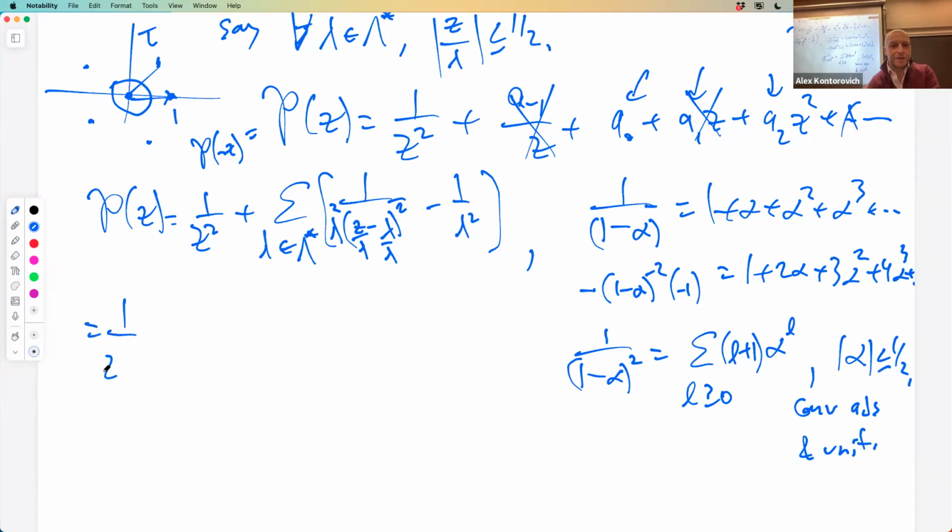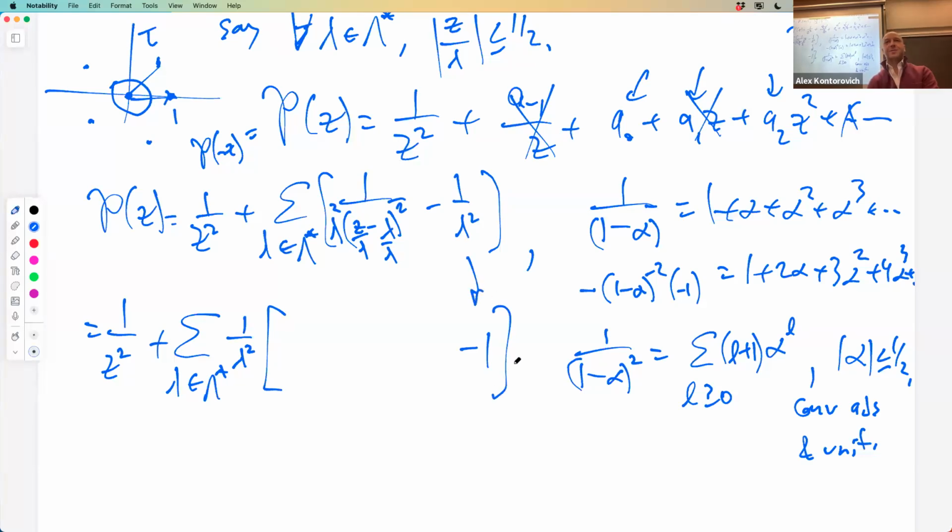So I have my 1 over z squared out front. I have a sum over all lambda in the lattice. There's a factor of 1 over lambda squared. I can actually pull that out of everything. And then what will be left, the minus 1 is from that term. And what's left is a 1 minus z over lambda squared. I know how to expand that.